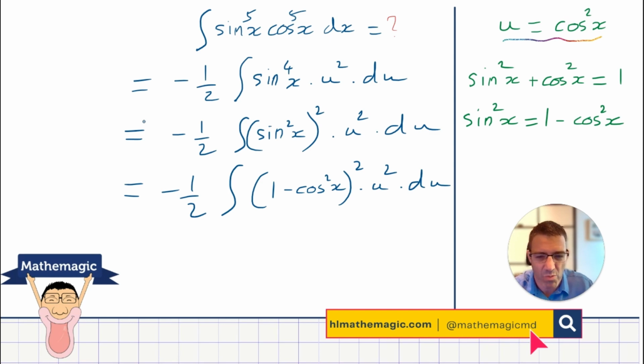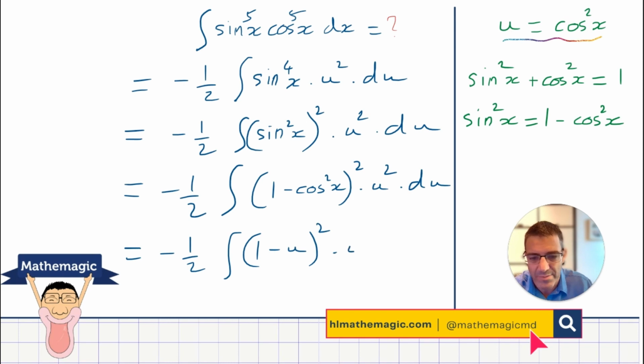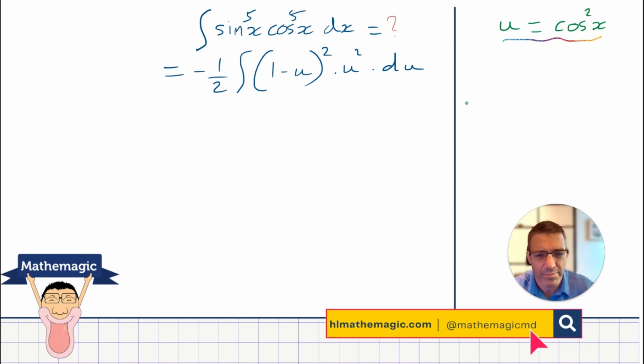Okay, so 1 minus cos squared, I can change that into 1 minus u, since u is equal to cos squared. So we can say this is minus a half of the integral of 1 minus u squared times u squared times du.